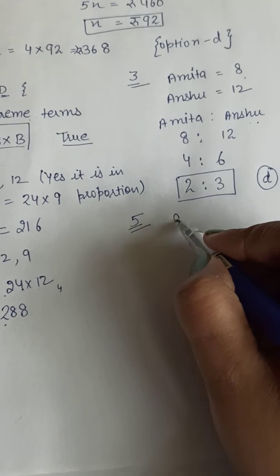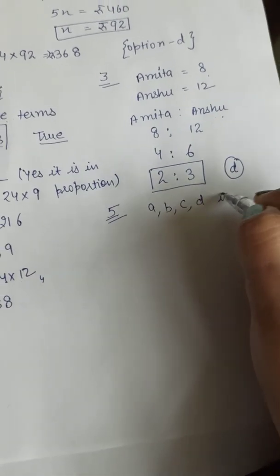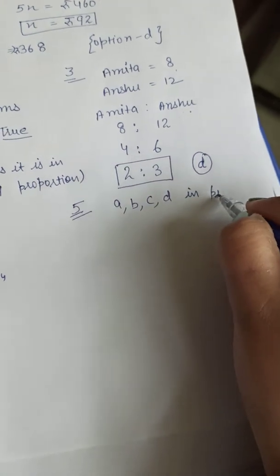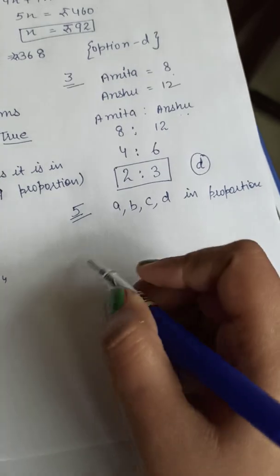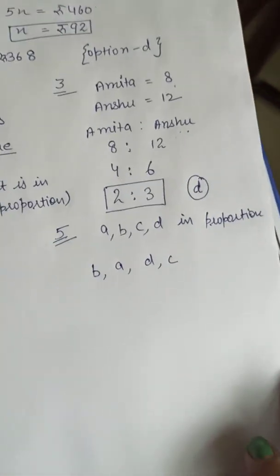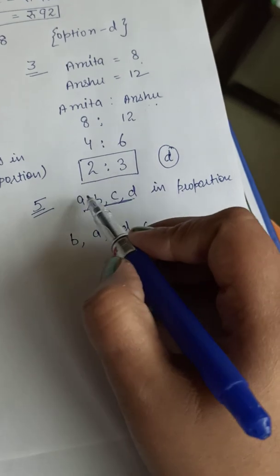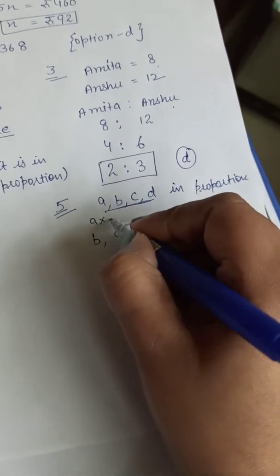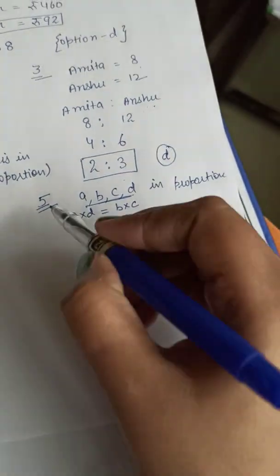The question is: A, B, C, D are in proportion, then B, A, D, C are also in proportion. So see here, A multiplied with D equals B multiplied with C, right?